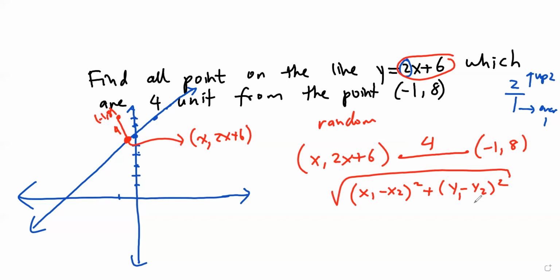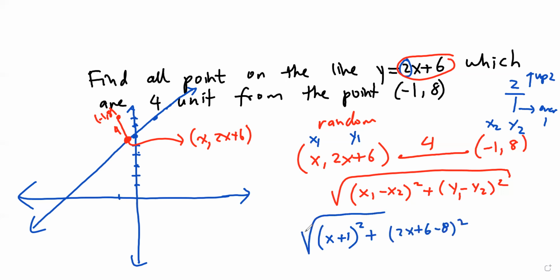Now let me specify what x1, y1 and x2, y2 are, and then subtract. So that will be the square root of x plus 1 squared plus 2x plus 6 minus 8 squared, and this is going to equal 4. So I'm going to have to solve this equation.